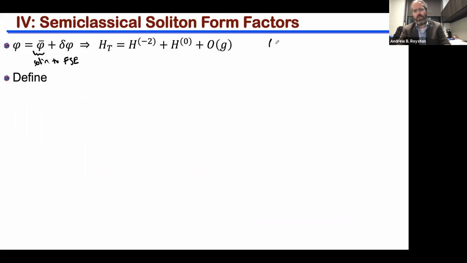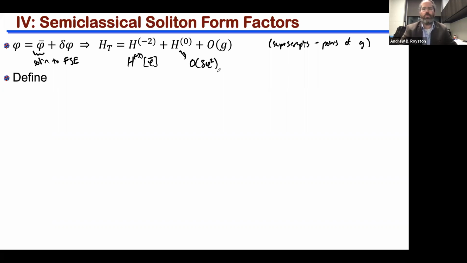Here again, the superscripts are telling us about powers of g. This leading order piece is just a functional of the background solution and therefore a functional of P, the soliton momentum. This piece involves quadratic terms in fluctuations, which in the saddle point approximation we integrate out. And then we drop the higher order stuff.